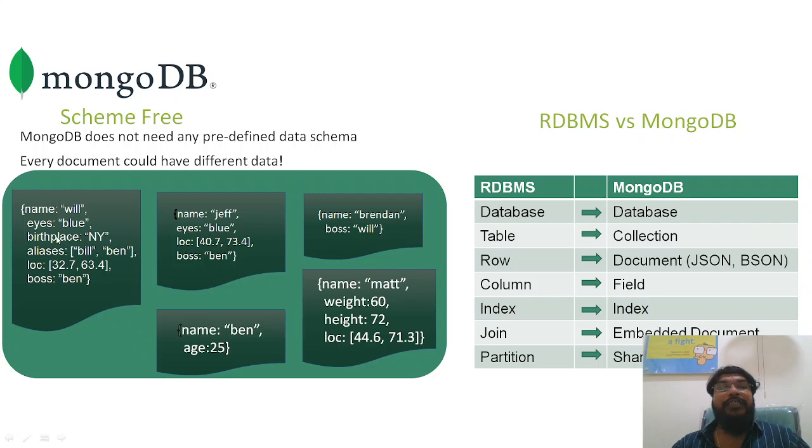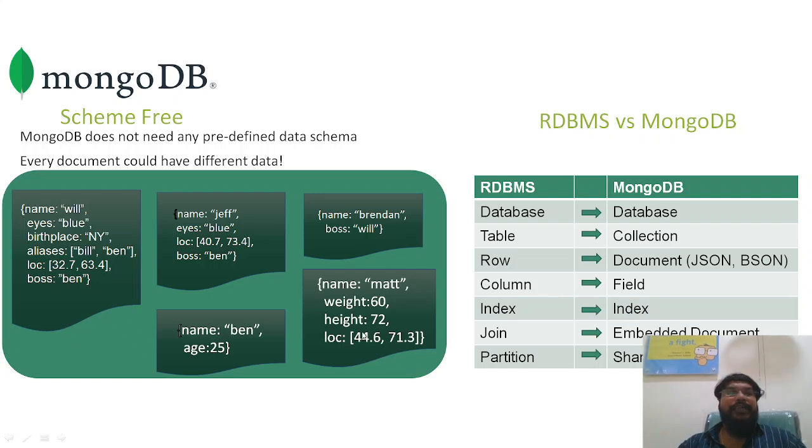So this particular document has some 6 fields available. Coming to the next one, here we have only 4 fields. And coming to the next document, here we have only 2 fields. And here another 2 fields. And here you can notice age is a new field that has been added apart from these 3 documents. And here again we have 4 fields.